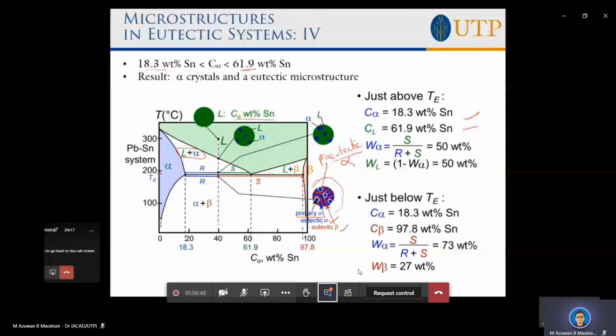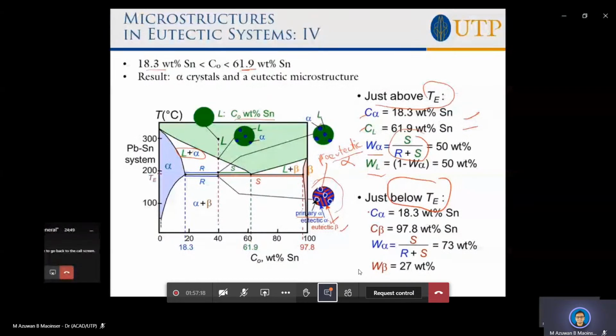So if you understand the basics, the fundamentals, then the rest is just a breeze. You would be able to calculate whatever, wherever you are at the phase diagram. So this is what it is, reading the composition by the tie line and then calculating the amount depending on the R and S. This is the difference between above TE dengan below TE lah, because your tie lines will be different.